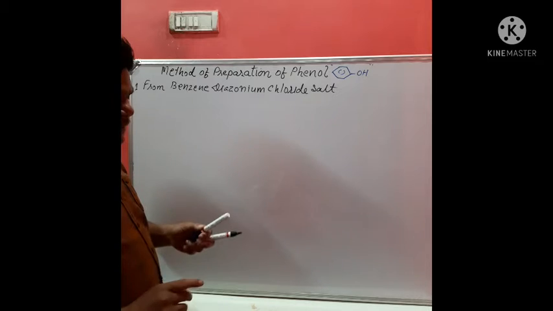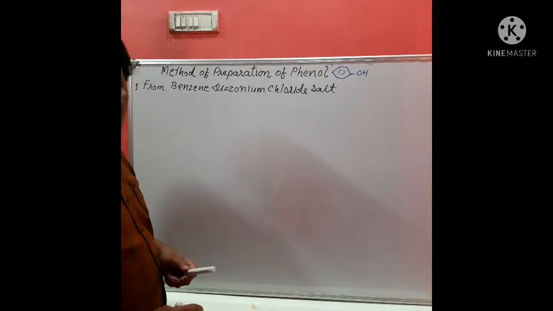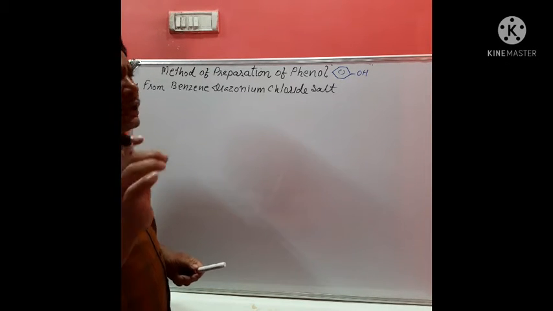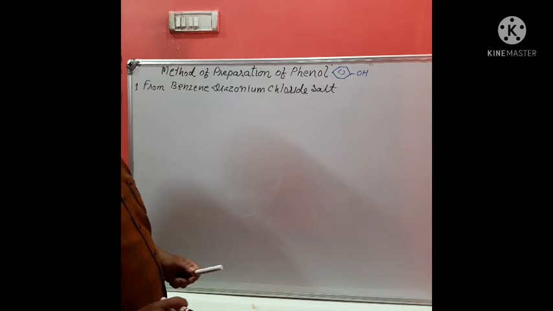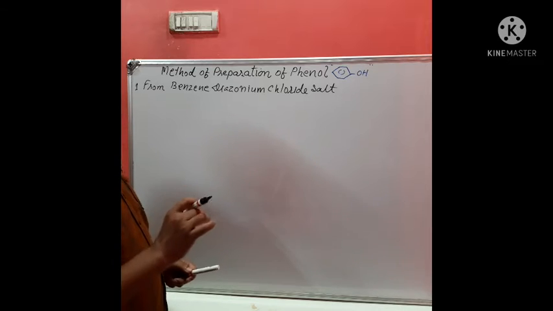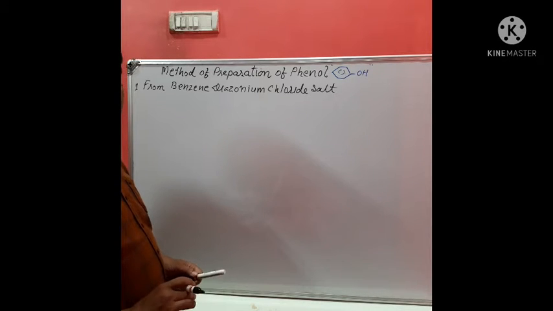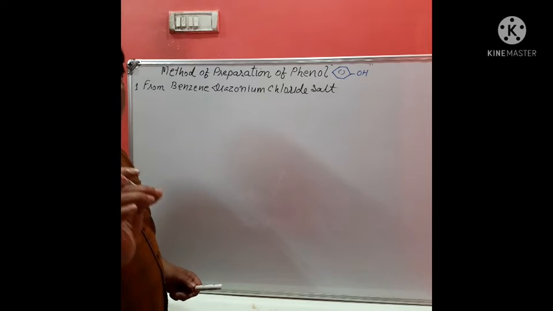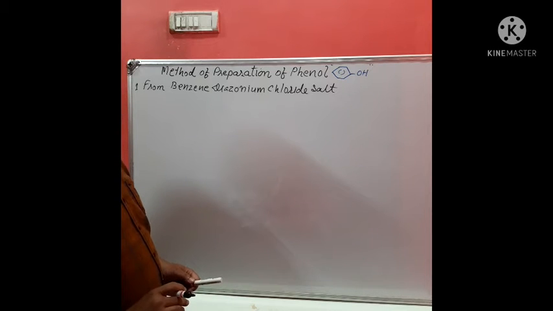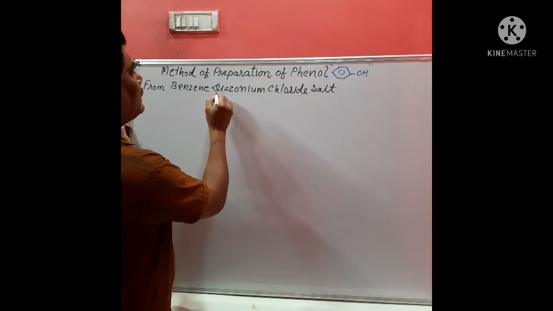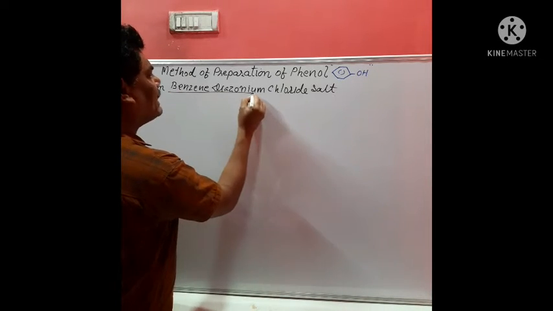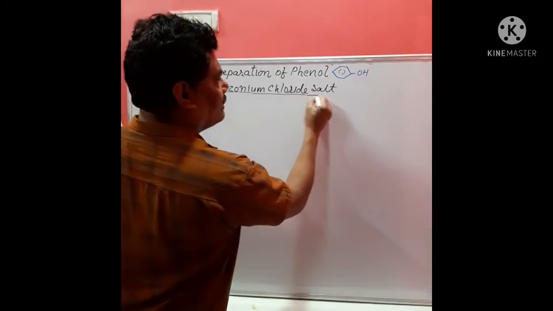In the first chapter of organic chemistry, we have seen one of the reactions, that was the Sandmeyer reaction, through which we learned how to prepare chlorobenzene. In that reaction, we have checked the diazotization process. Okay, what is the diazotization process? That is the preparation of benzene diazonium chloride salt.